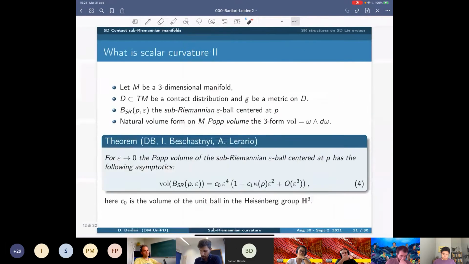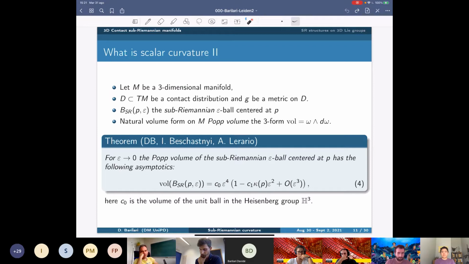One may wonder what happens in a three-dimensional contact manifold. Just changing the notation for the ball, we have a three-dimensional sub-Riemannian manifold with a contact distribution, and g the metric, which is normalized, I mean, we have the compatibility between the metric and the distribution, as we have explained before.